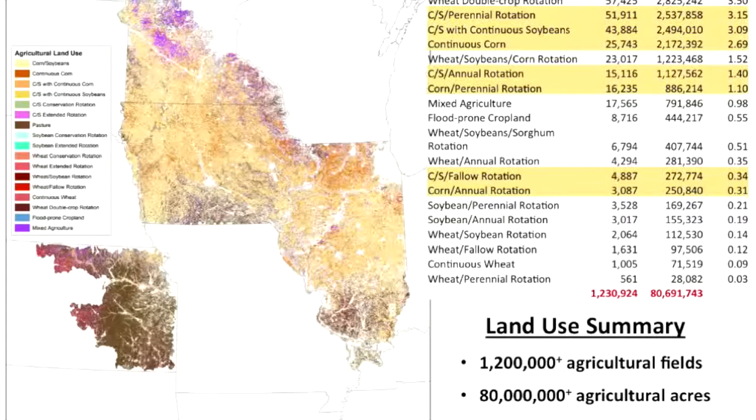If we look across the 4 states, we're now looking at, again, 80+ million acres of agricultural land, 1.2 million agricultural fields. The yellow classes that are highlighted pertain to something with corn in it.